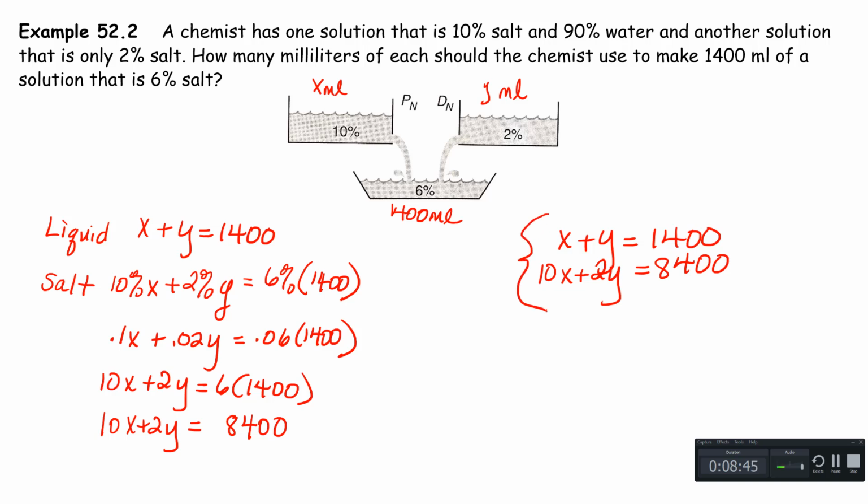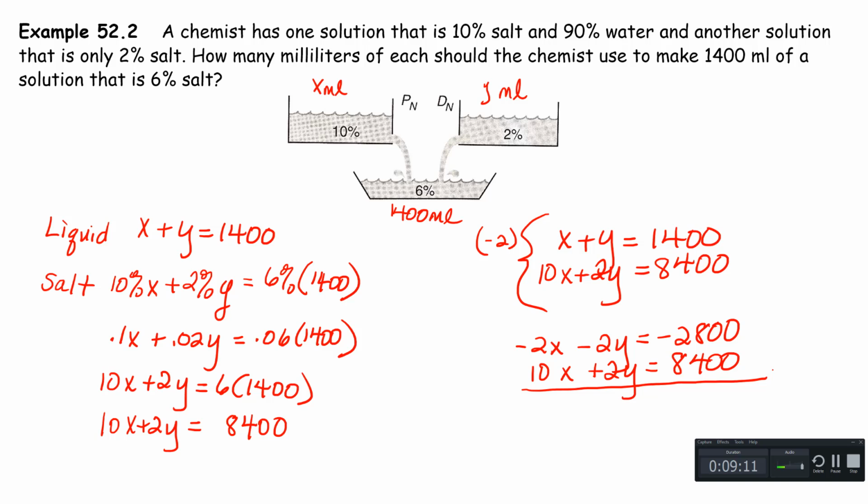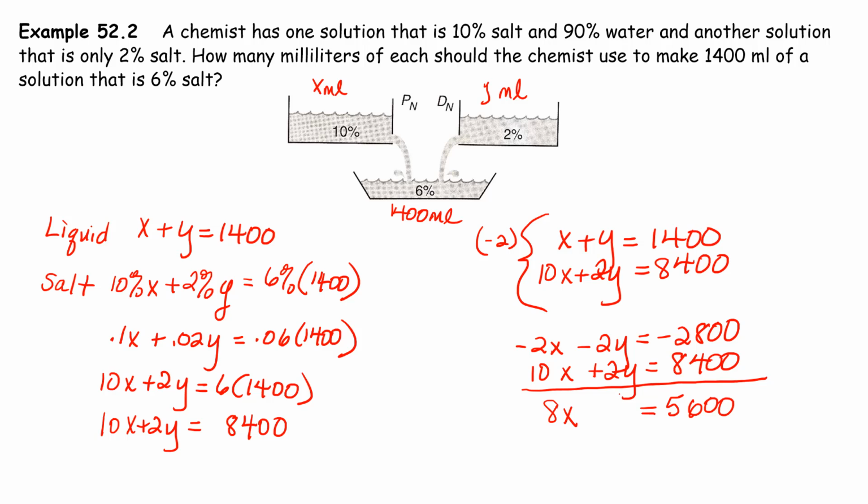To do it, I'm going to use elimination again. If I multiply the top equation by -2, I will have -2x minus 2y equals -2,800. And my second equation is going to stay the same: 10x plus 2y is equal to 8,400. If I add these two equations together, I am going to have 8x is equal to 5,600.